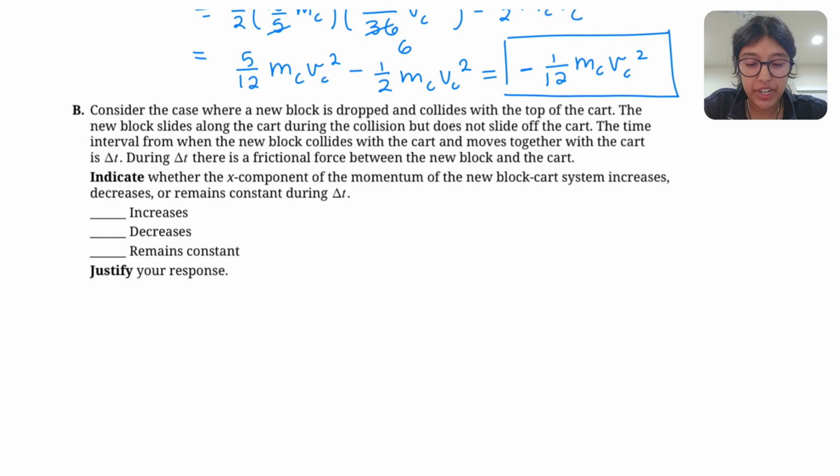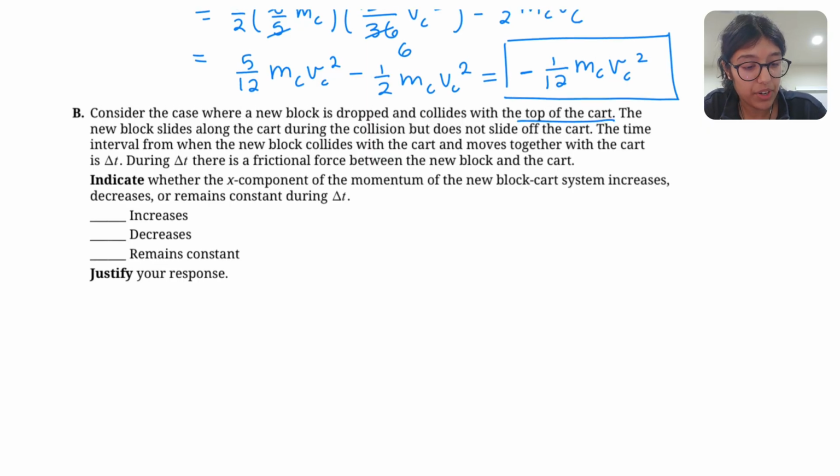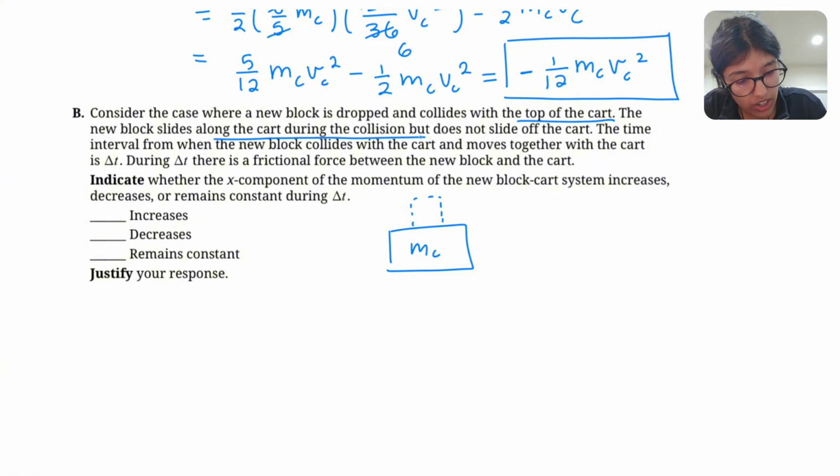All right, so last part: consider the case where a new block is dropped and collides with the top of the cart. So I'm assuming we have the cart. I'm just going to say mc, might not be mc, but that's okay. And a new block is dropped. The new block slides along the cart during the collision, but does not slide off the cart.